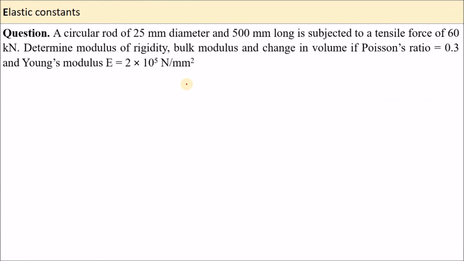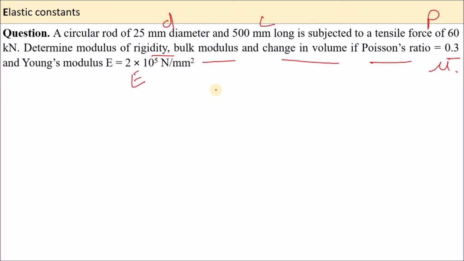Let's go to another problem. A circular rod of 25 mm diameter and 500 mm long, diameter given, length given, is subjected to a tensile force of 60 kN. Determine the modulus of rigidity, bulk modulus and change in volume, if Poisson's ratio is given as 0.3, mu is given, E value is given. How can we find that?